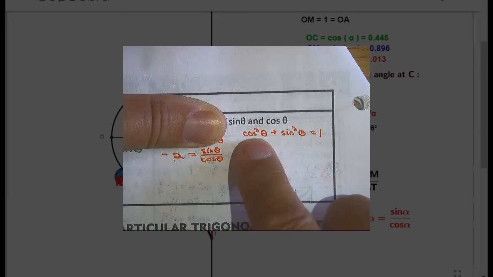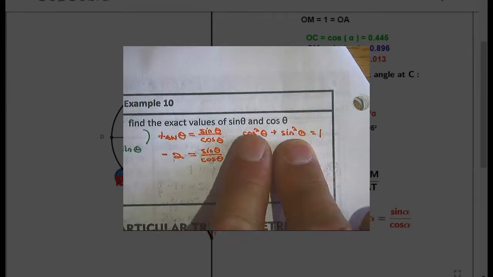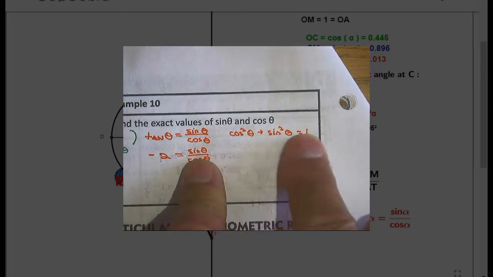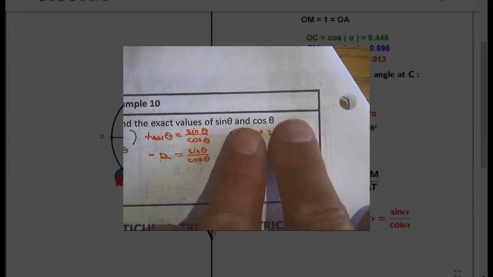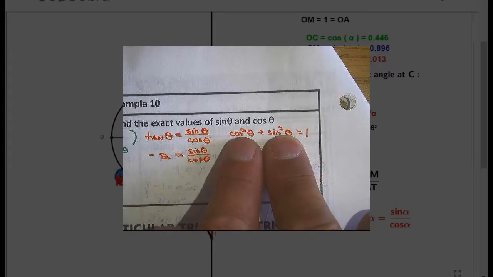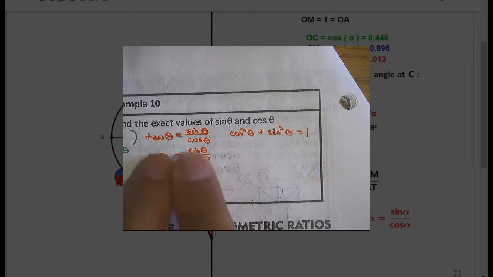Yeah, but I'm still going to have two different things in there. So here's what you're trying to do. You want to rewrite this so that it only has cosines in it or only has sines. It doesn't have both. Because if this just had cosines in it, I could solve it. If it just had sines in it, I could solve it. So how could I rewrite this so that it only has the term cosine or only has the term sine in it? Knowing this.